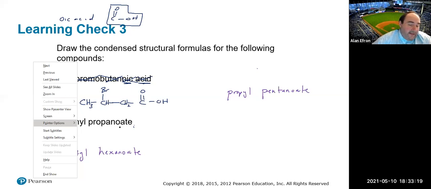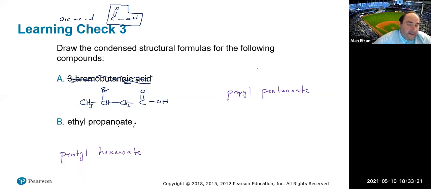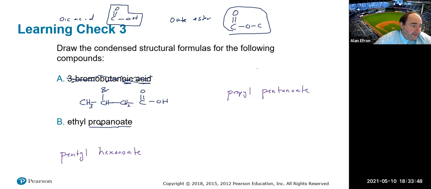Looking at the next one, at the end of the name, I see oate. Oate tells me it's an ester, which means I know for sure, because I know my functional groups, that I should have this connection happening. The end part of the name is really the carboxylic acid part, and propane is 3 carbons.